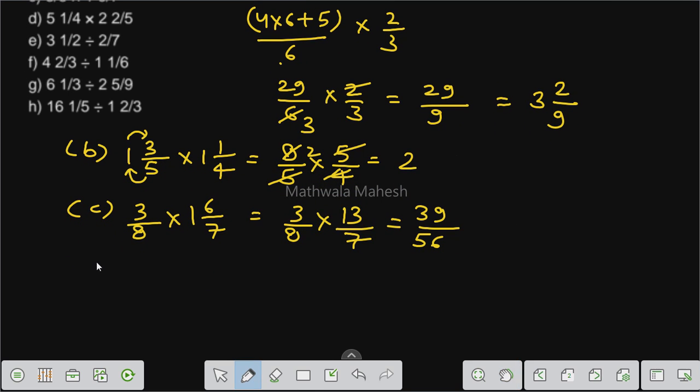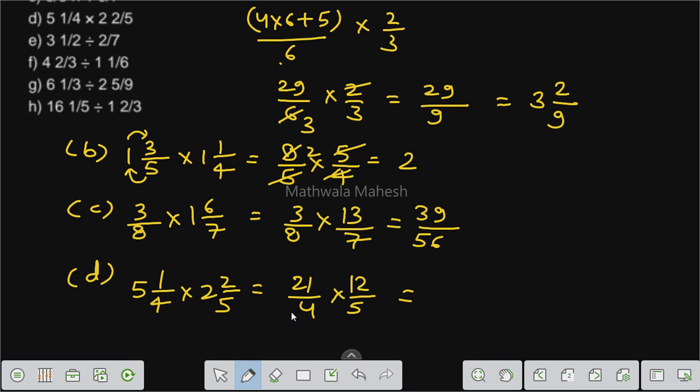Moving to the next one, D is 5 and 1 by 4 into 2 and 2 by 5. So this is 21 upon 4 into 12 upon 5. And 4 3s are 12. So 21 into 3 is 63 upon 5.